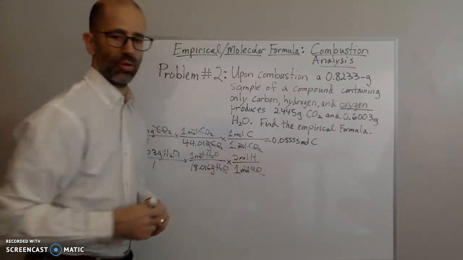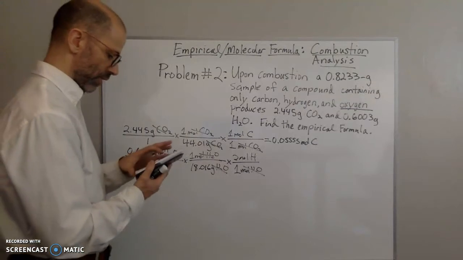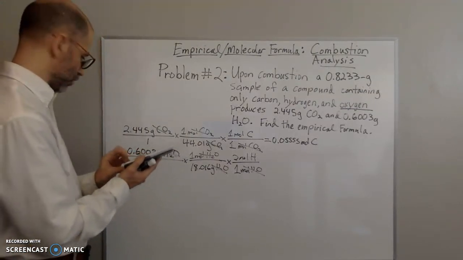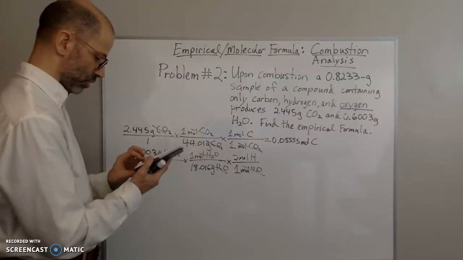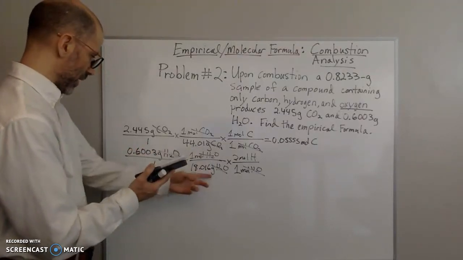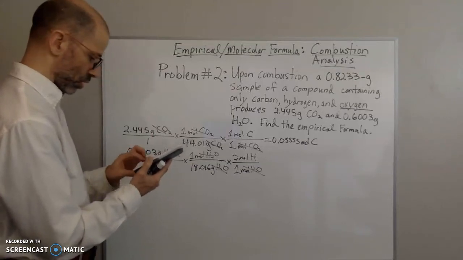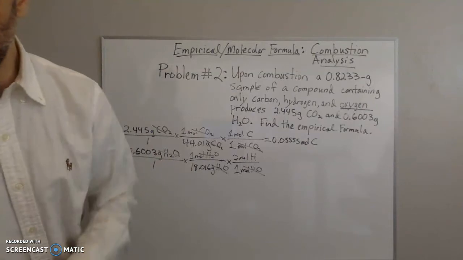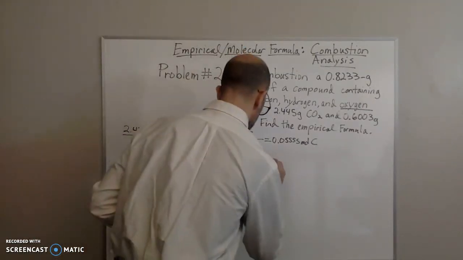Now we have moles of hydrogen. So now we can calculate the moles of hydrogen. So let's do that really quick. So 0.6003 times 2 divided by 18.016 equals, and here we get 0.06664.